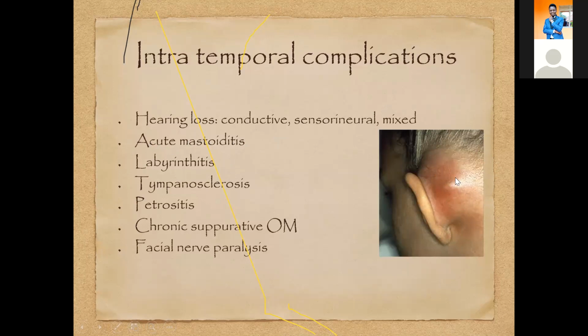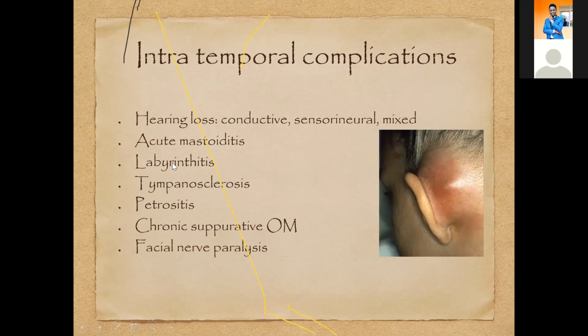You see it's shiny red, and if you test it, it will be fluctuant. This is pus within the mastoid that has created a deficiency in the mastoid bone, and it has gone into the periosteum. So this complication is acute mastoiditis with subperiosteal abscess.